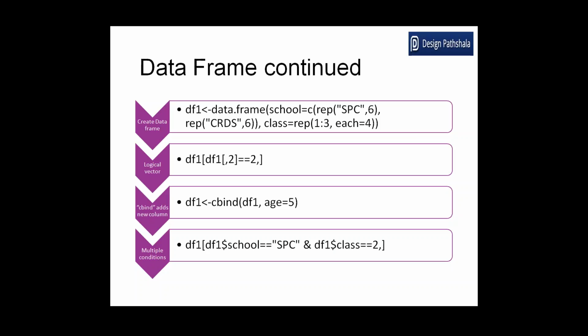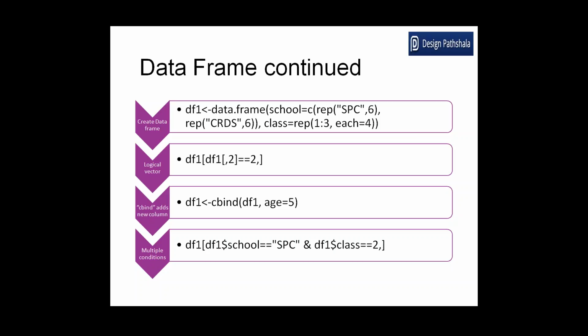Very intuitive. So rep of SPC, which is a character, comma 6, will repeat SPC 6 times. rep is for repeat. Then rep of CRDS comma 6, so again it will repeat CRDS 6 times.